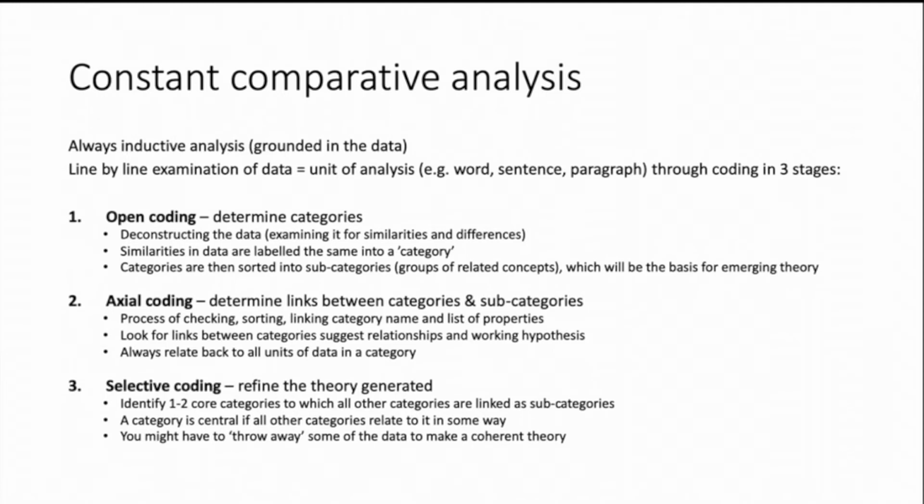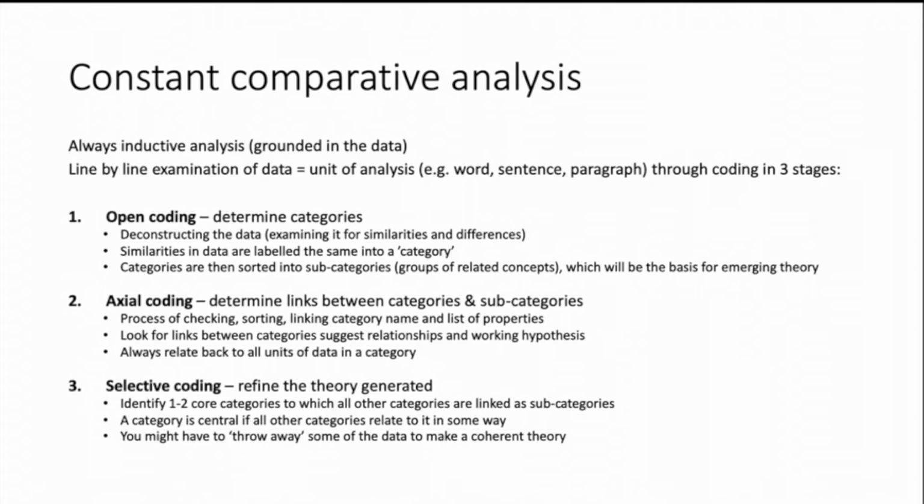And this process involves a lot of checking, sorting, linking category names and the list of its properties. It means looking for links and relationships between different categories and trying to understand what might be the hypothesis as to why these different categories are linked to one another.